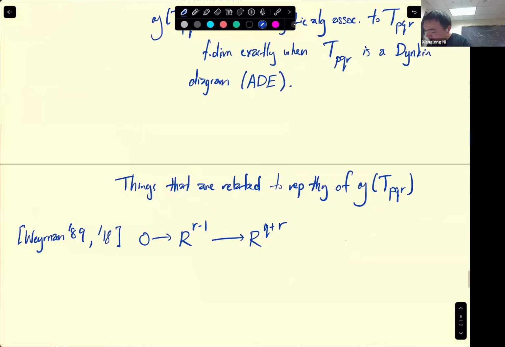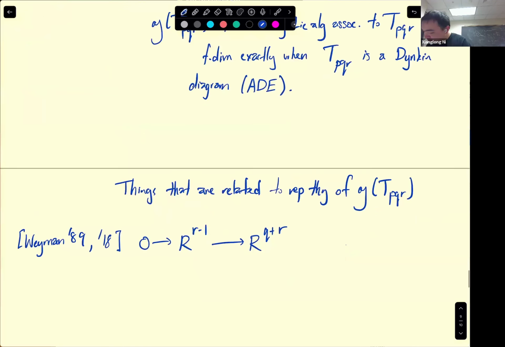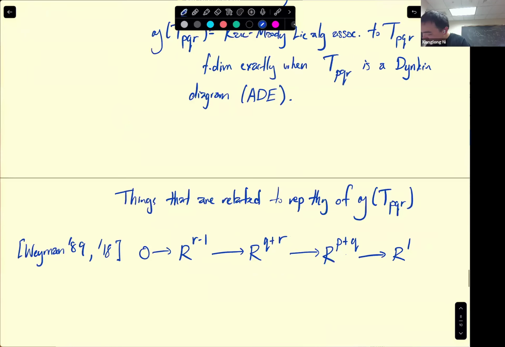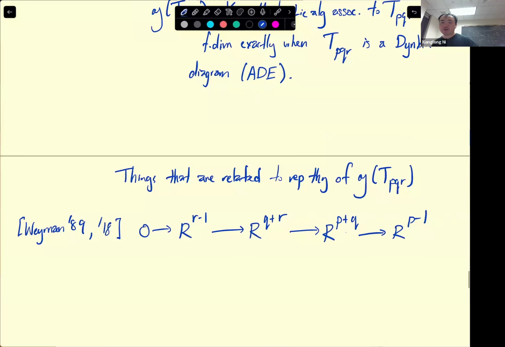Then R to the p plus q. Then R to the p minus 1. So resolutions of this form somehow or another are related to the representation theory of this Kac-Moody algebra.